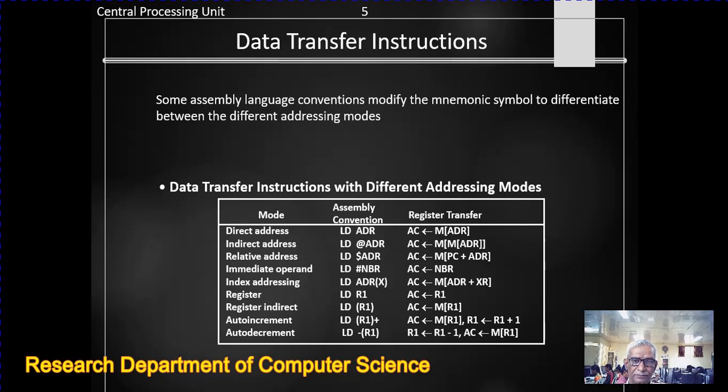And then there is the relative mode, where we consider the program counter plus ADR as the relative address. So like that, many addressing modes are available.